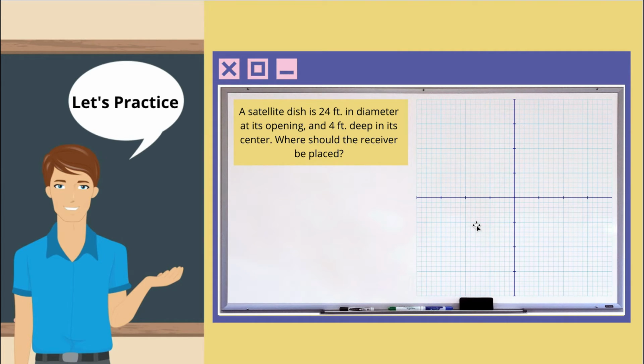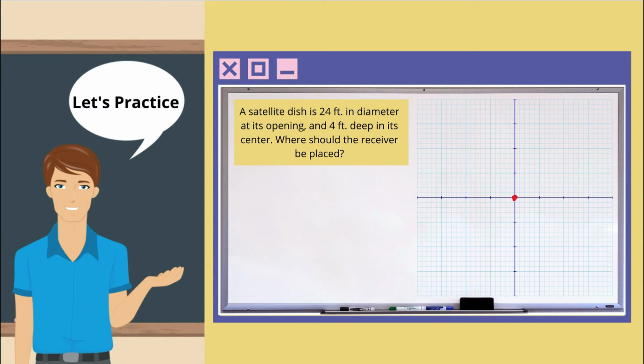Finding the receiver of the satellite dish means that we are supposed to find the focus of a parabola. It would be better if we illustrate the given in the problem and plot them in the Cartesian plane.